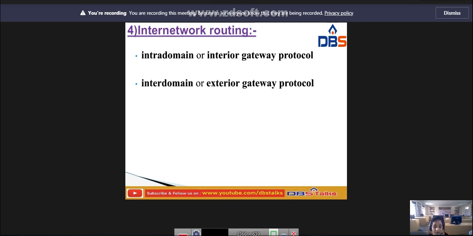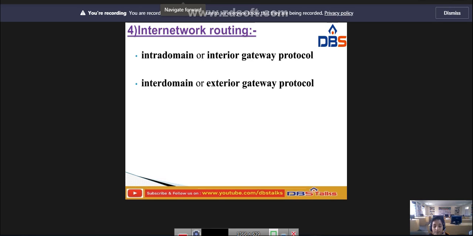Within each network, the intra-domain or interior gateway protocol is used for routing. Gateway is an older term for router. So it might be a link state protocol of the kind we have already described. Across the networks that make up the internet, the inter-domain or exterior gateway protocol is used.